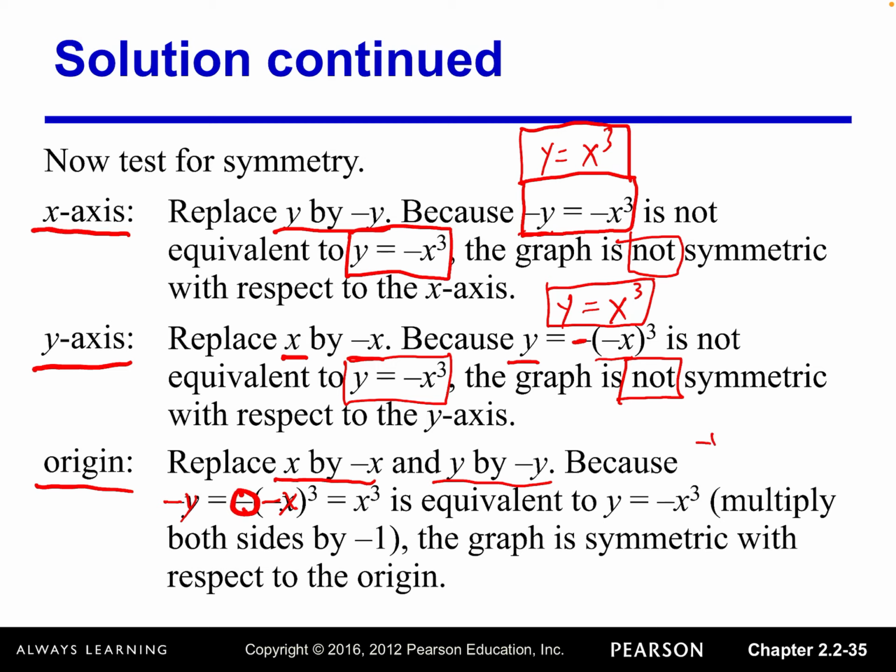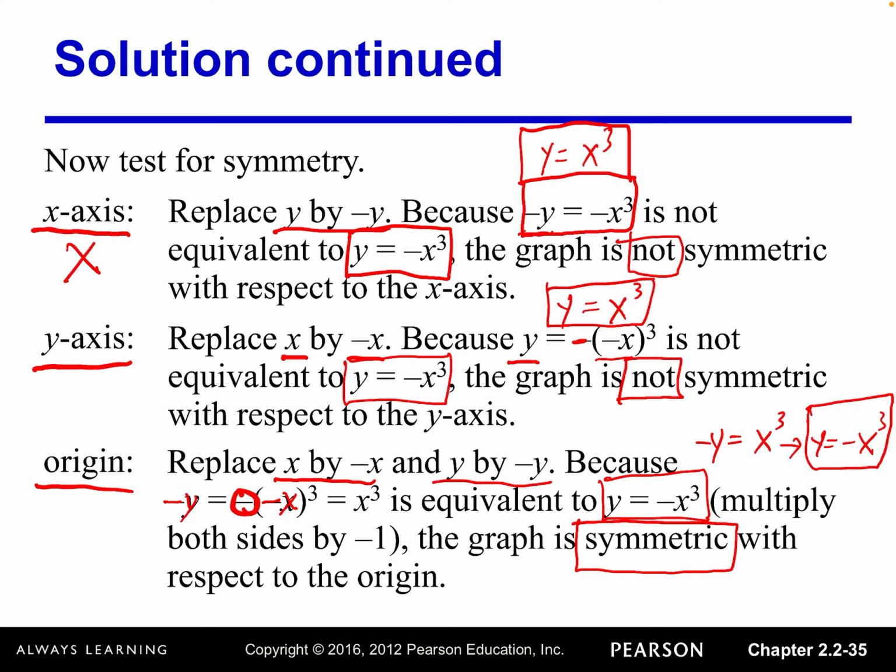So we get negative y equals positive x to the third power, and then multiplying both sides by negative 1, we simplify as y equals negative x to the third power. Compare this equation to the original, they're the same, right? Equivalent. That's why we say the graph of this equation is symmetric with respect to the origin. So not symmetric with respect to the x, not symmetric with respect to the y, but it does have symmetry over the origin.